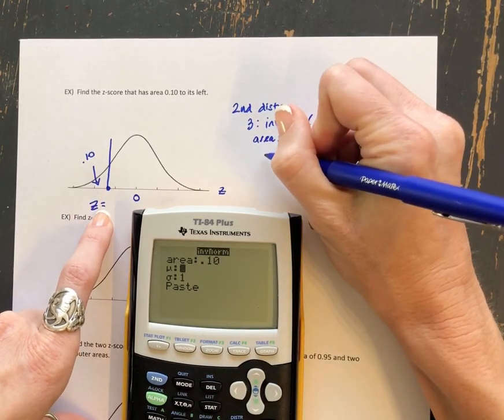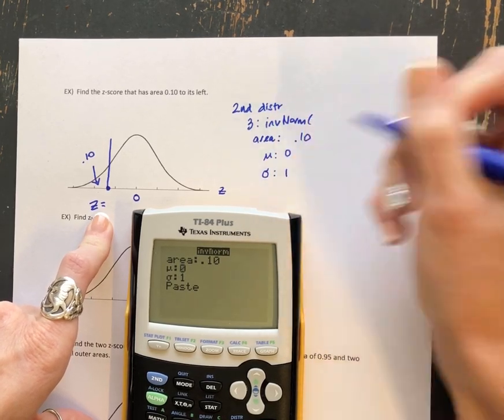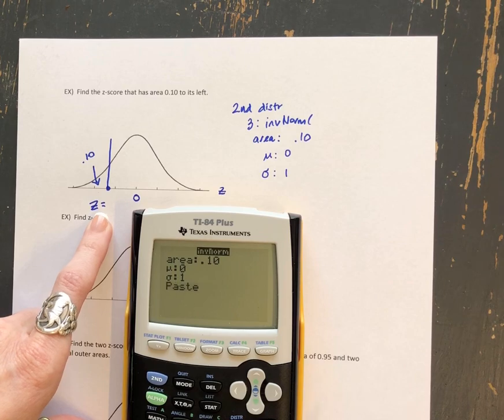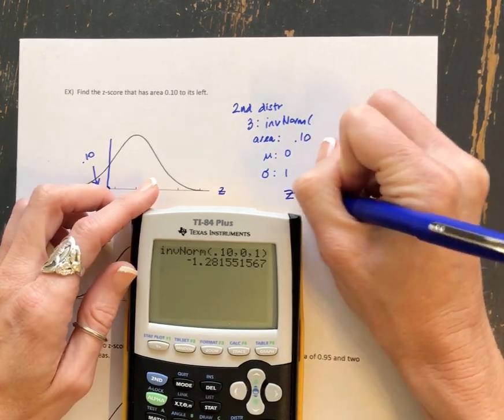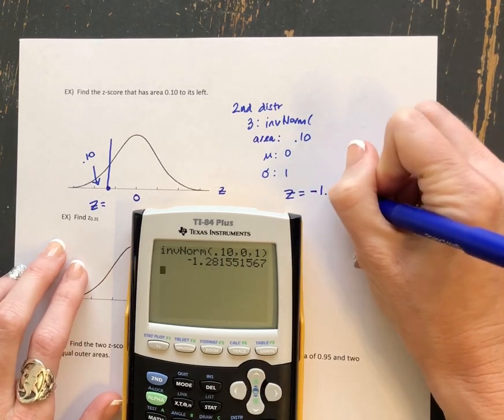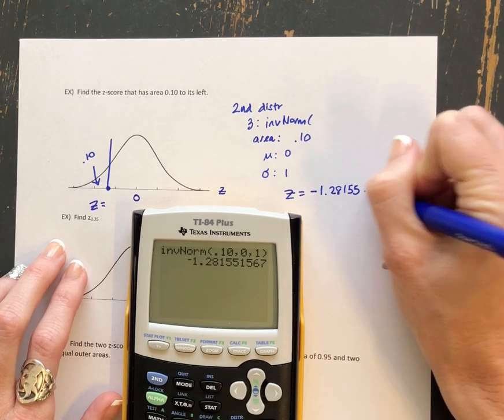This is a standard normal distribution, so the mean is 0, the standard deviation is 1. We hit enter, and we get z is -1.28155.